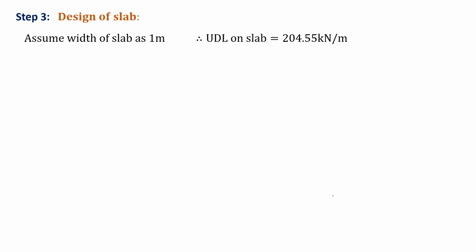So for the UDL of the slab, as we are considering 1 meter, we use the actual bearing pressure we have calculated. So now I will write WU equal to 204.55 into 1 meter, and that is equal to 204.55 kilonewton per meter, multiplying by the width.